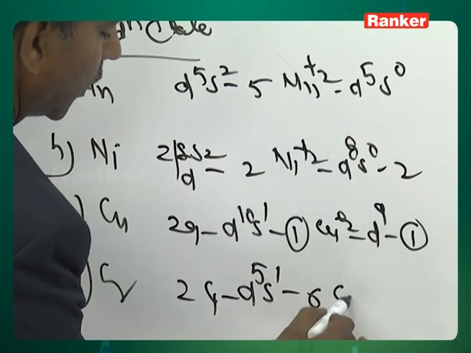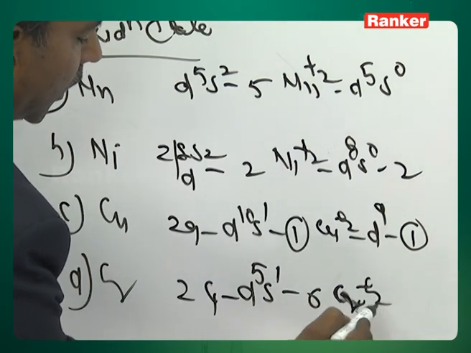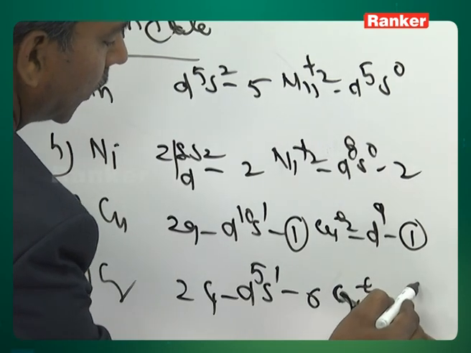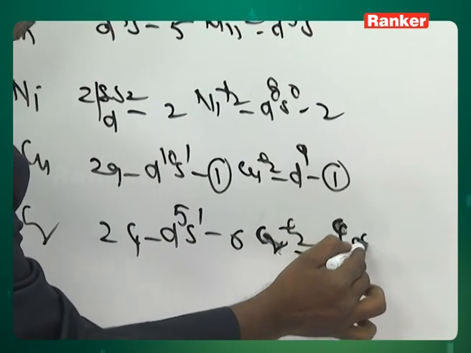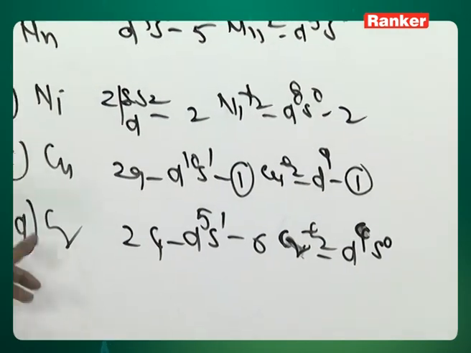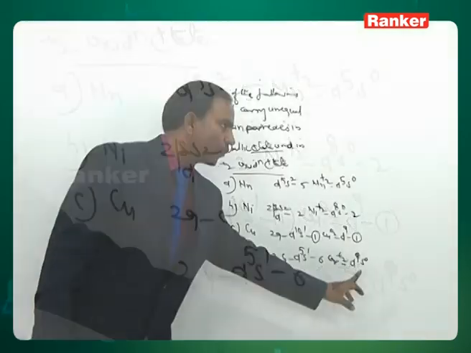Now, if you take the chromium +2 electronic configuration, what will it be? It is +2, so d4 s0. So, chromium in the metallic state has 6 unpaired electrons, and in the +2 state, 4 unpaired electrons.